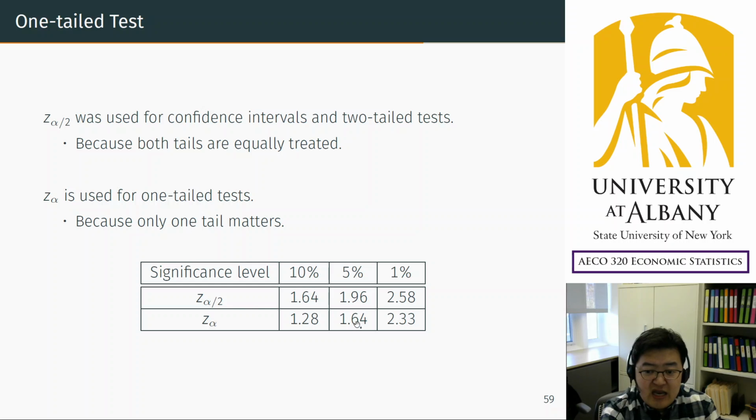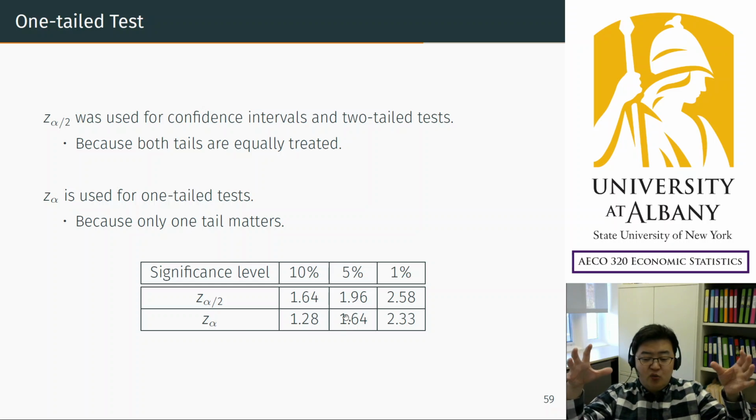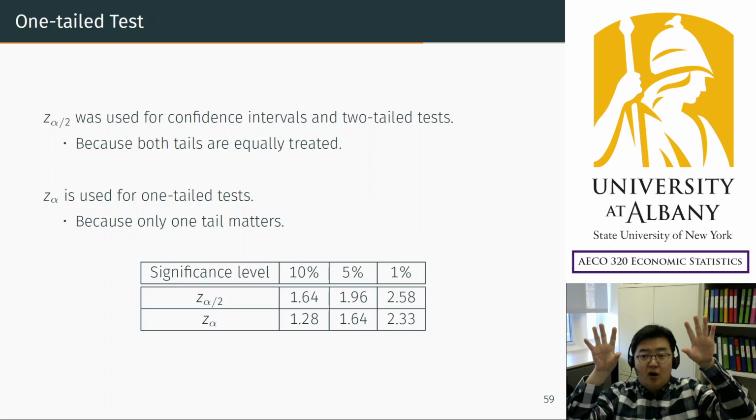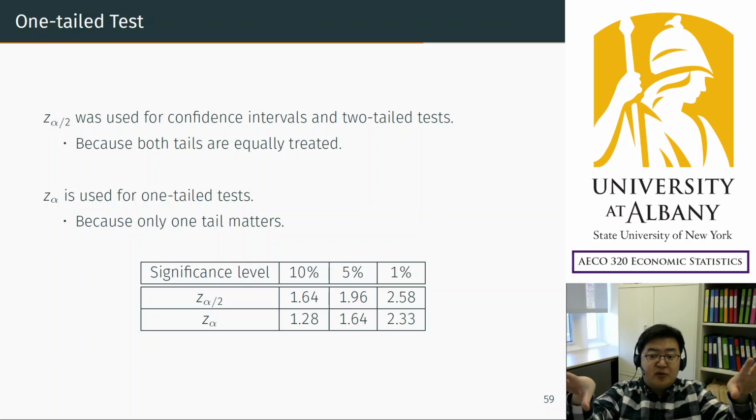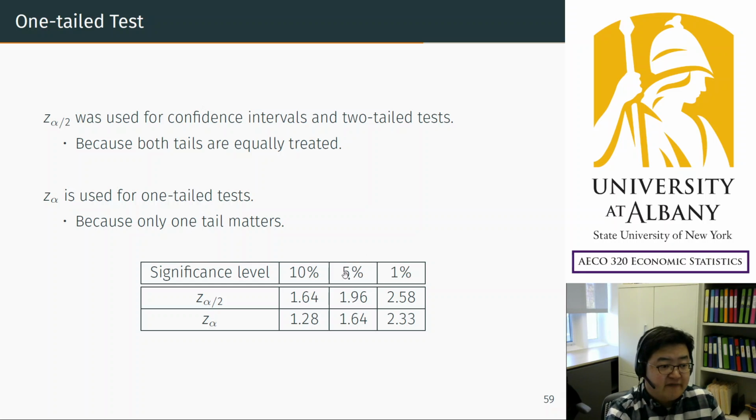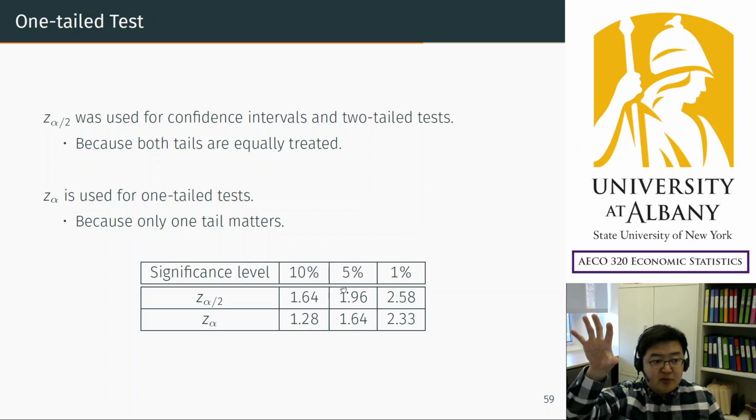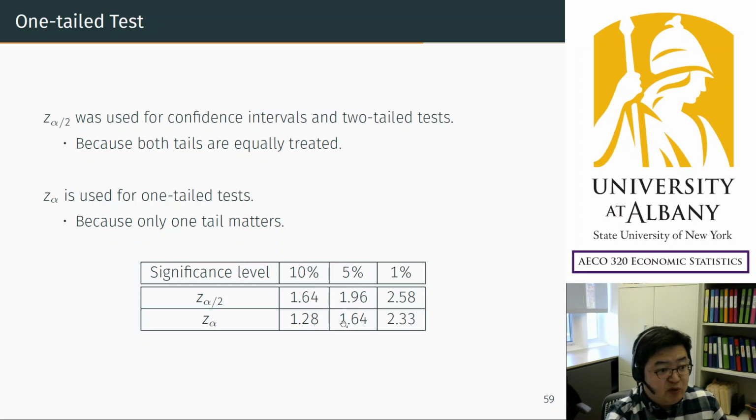But the same number is used for 5% significance level in one-tail test. The reason is clear. The 10% will be split half and half, 5%, 5% on two-tail test. But in one-tail test, 5% on one side is for significance level 5%. So 5% significance level is put only on one side. So these two are kind of equivalent, right?